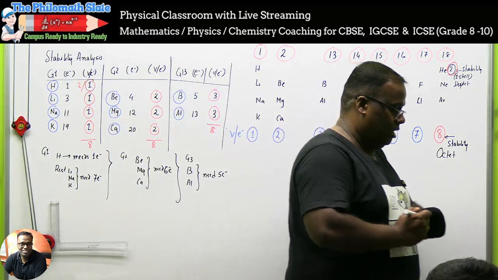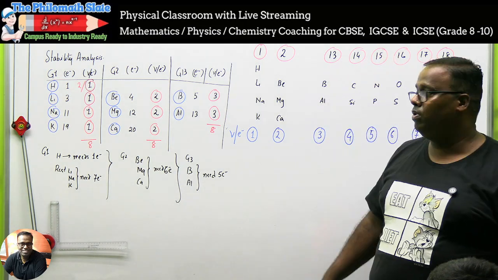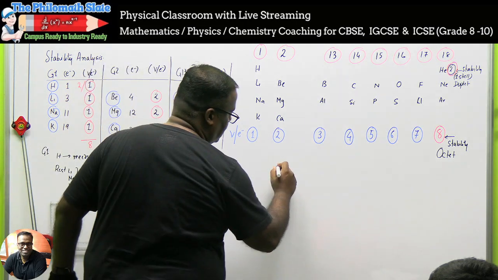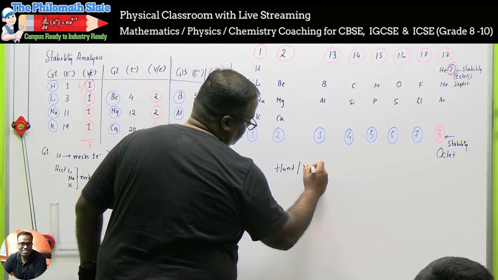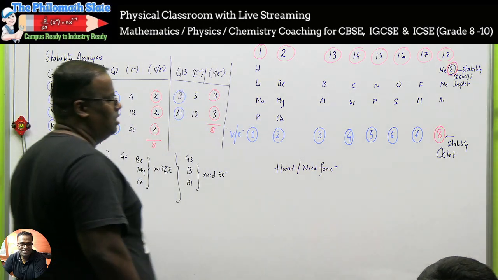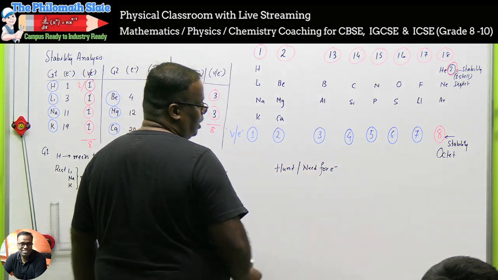Right. Now the question is, where do you get these electrons? So the problem arises: there is a hunt or need for electrons. There are 2 ways you can get these electrons.